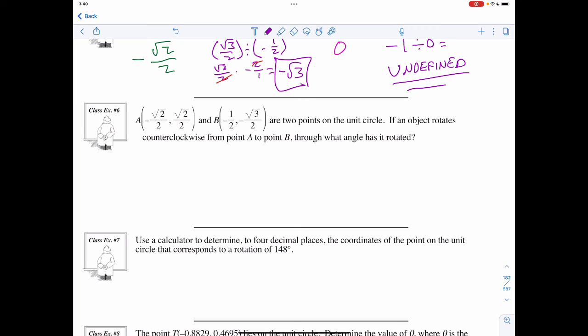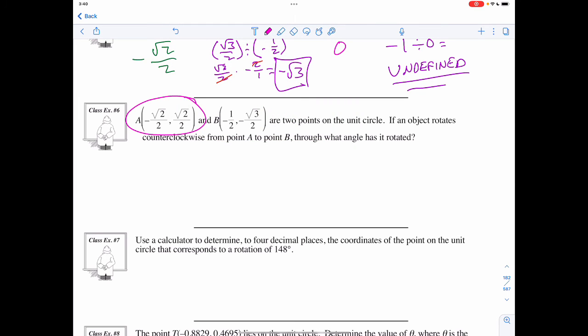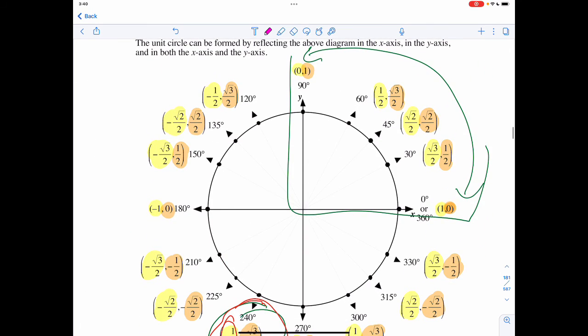Another way that we could do this is I could ask you how much rotation occurs between 2 points on the unit circle. So I have point A, which is at negative root 2 over 2 and positive root 2 over 2. Go take a look at my unit circle. Negative root 2 over 2, positive root 2 over 2. That's at 135 degrees.